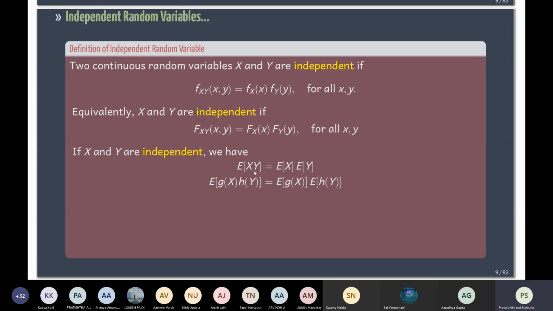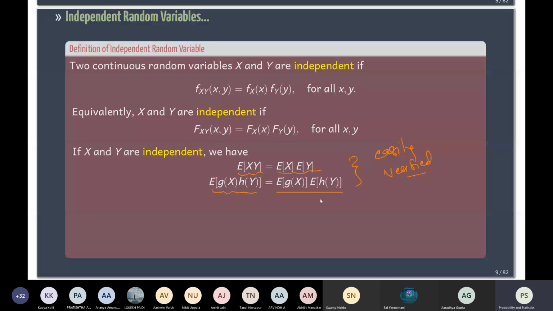If X and Y are independent, it's easy to establish that the expectation of the product will be the product of the expectations, and the expectation of the product of functions of the random variables will be the product of the expectations of the functions of the random variables. These are things you can easily verify.